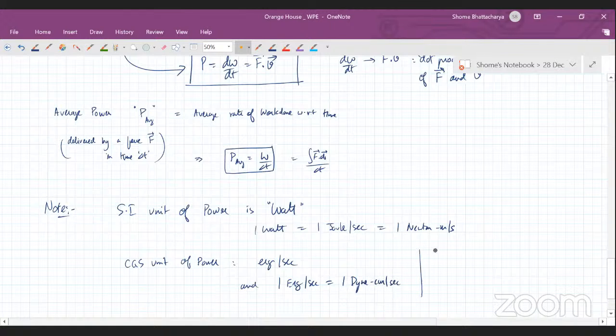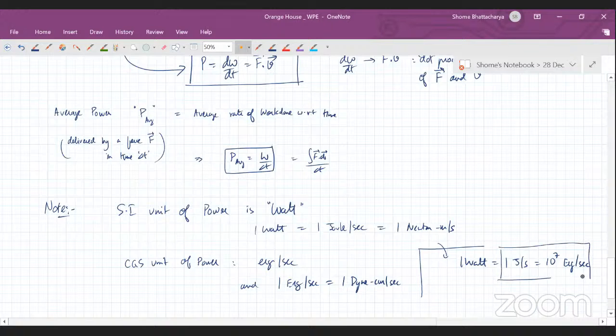So you can see the conversion between these two: 1 watt, which is 1 joule per second, is 10 raised to the power 7 erg per second. So this is the conversion between CGS and SI.